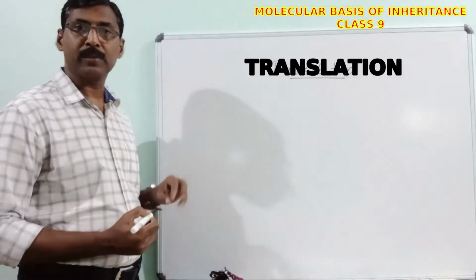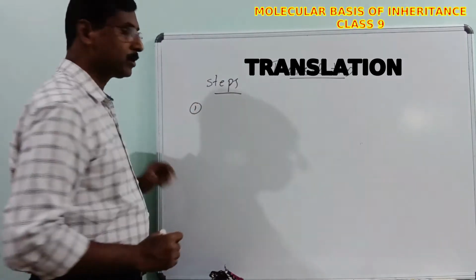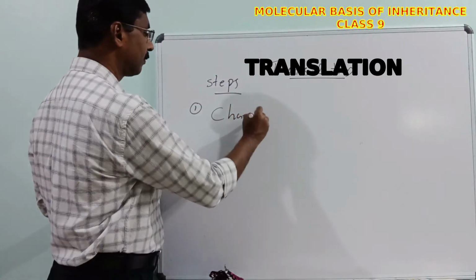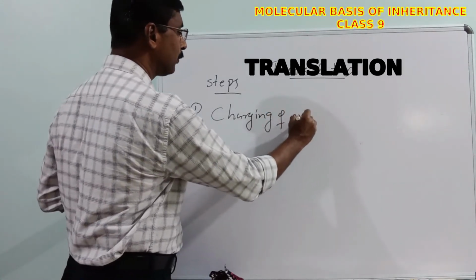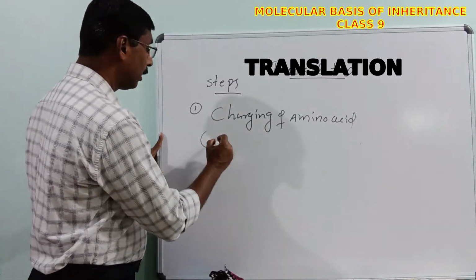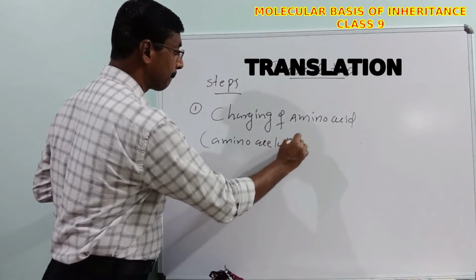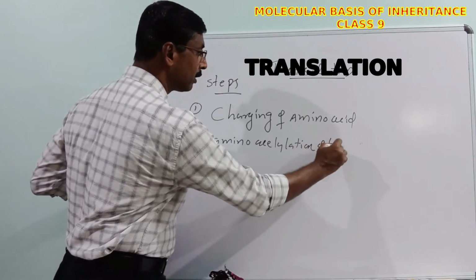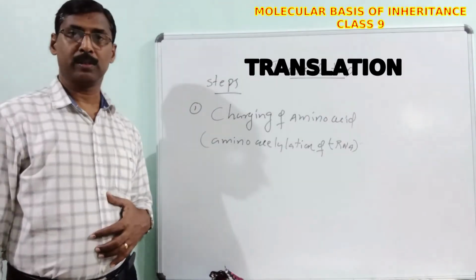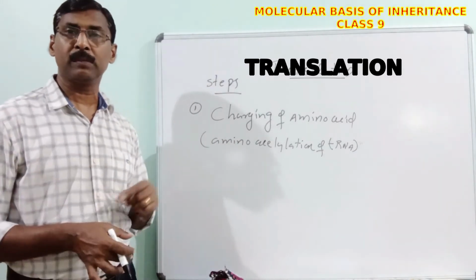The first step in the process of translation is charging of amino acid, or it is also called amino acylation of transfer RNA.